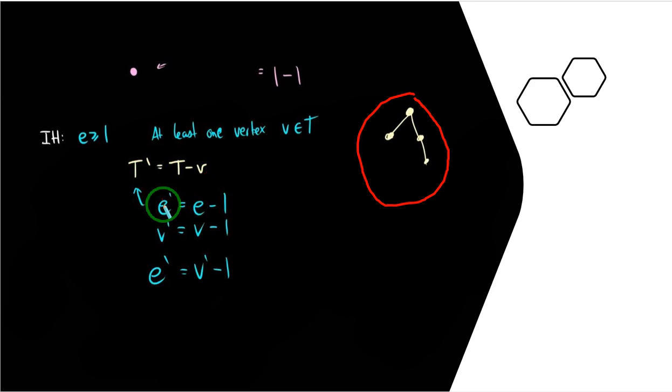We can also say that the new edges e prime is equal to e minus 1, and the vertices v prime is equal to v minus 1. And e prime is equal to v prime minus 1, from the formula I showed you before.